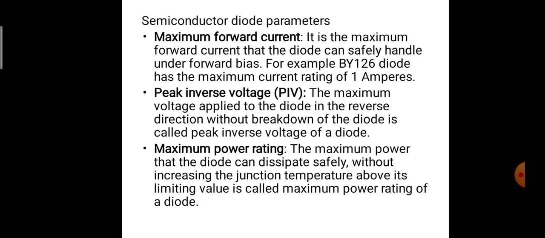Maximum forward current: it is the maximum forward current that the diode can safely handle under forward bias. For example, BY127 diode has the maximum current rating of 1 ampere. Peak inverse voltage, PIV: the maximum voltage applied to the diode in the reverse direction without breakdown of the diode is called peak inverse voltage of a diode.